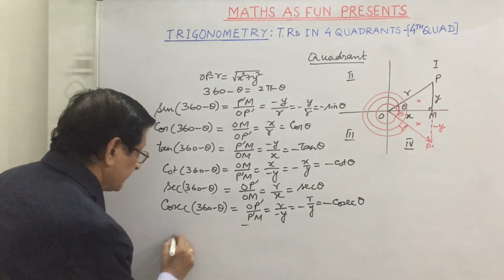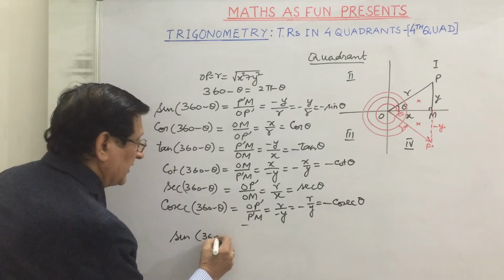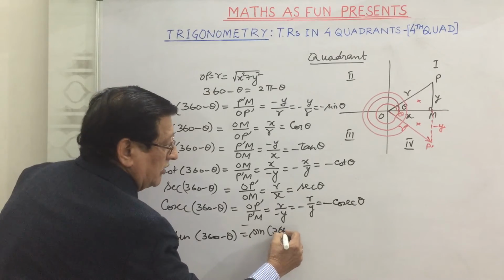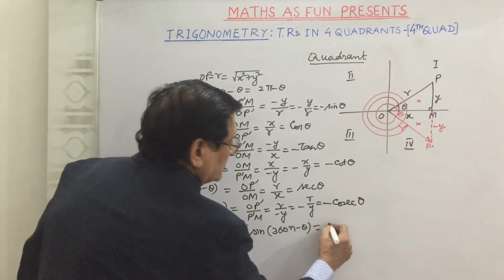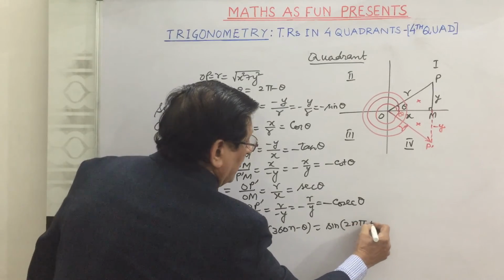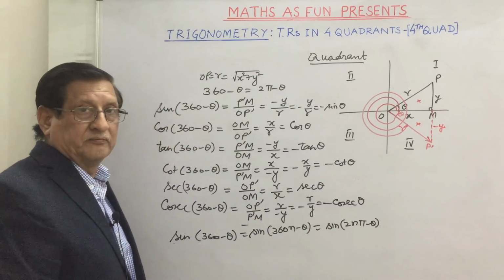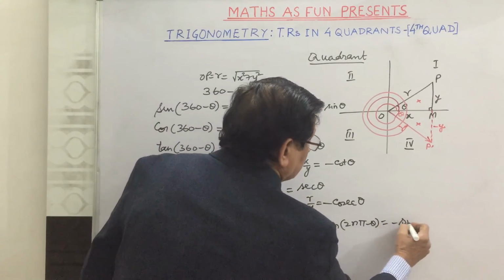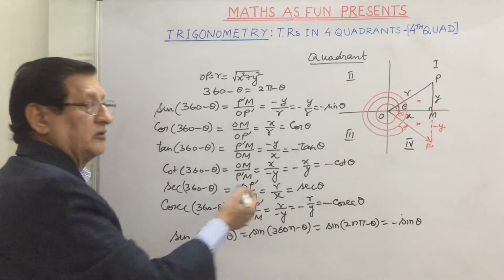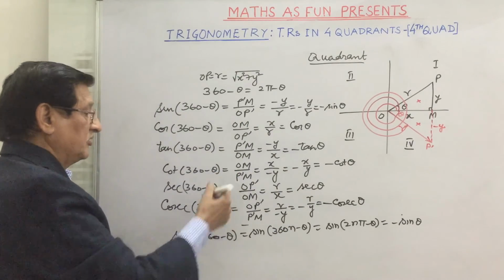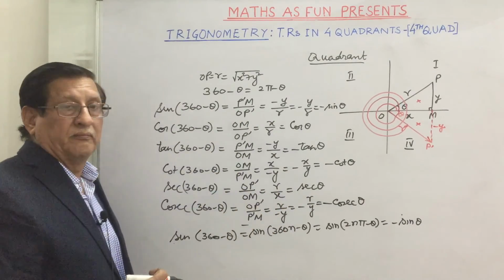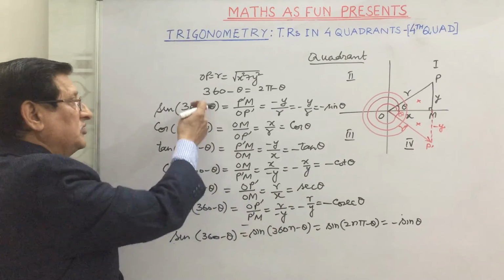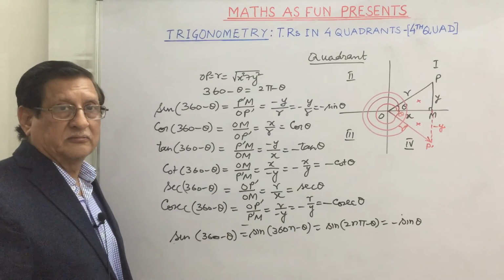So we can say that sine of 360 minus theta or sine of 360 n minus theta or sine of 2n pi minus theta, all are same, and that will be same as minus sine theta, and so on. You will find for all the trigonometric ratios, whether they are having multiple of 2 pi or multiple of 360 minus theta, these same formulae will be applying in that.